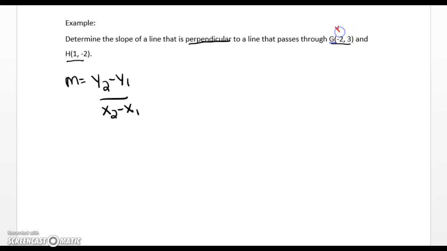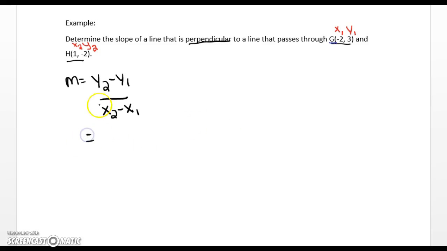We can let G be our first coordinate, so we call this x1 and y1. Then our second coordinate, we'll call x2 and y2. My big point about labeling them is that this way we know exactly where each of those numbers belong in our formula, and we don't get them mixed up and end up switching numbers when we shouldn't be.